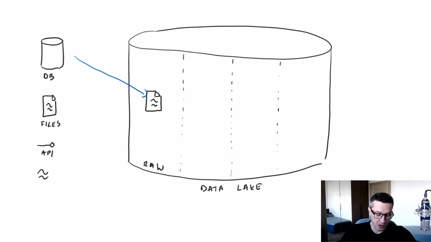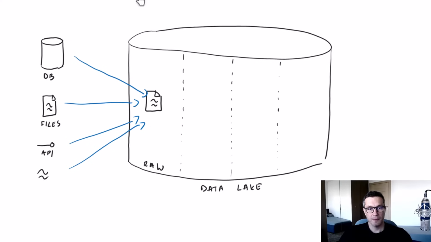Somehow we do this. And usually we partition the data here on a data lake by ingestion date, by the date when this data was loaded to a data lake, to Azure.